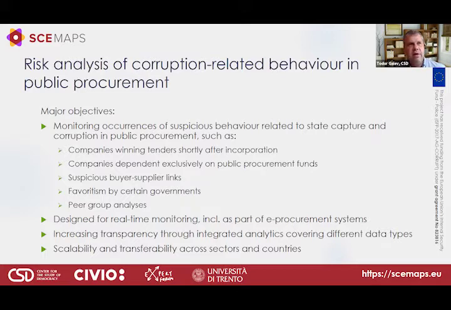And something more, very often, they are dependent on a single or at most two contracting entities, so two public organizations, which means that there should be some, I would say, hidden and not so legal links between the buyer and supplier in this case. Some other suspicious behavior include also favoritism by certain governments, and you can see at the end the red flags for this, and so on and so on.